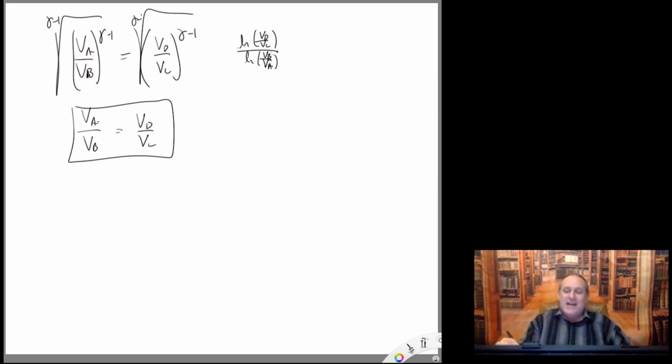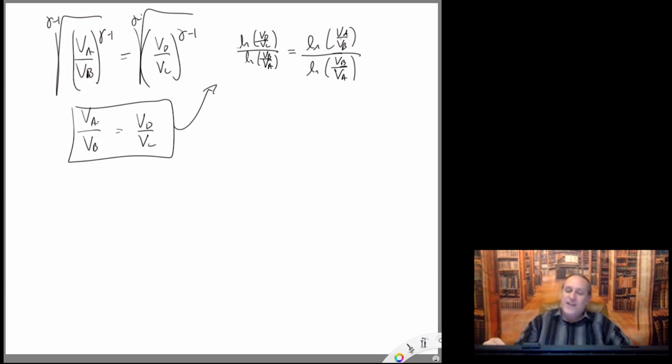The bottom ratio has B on top and A on the bottom. So if I use this relationship to substitute, I get the natural log of VA over VB divided by the natural log of VB over VA.